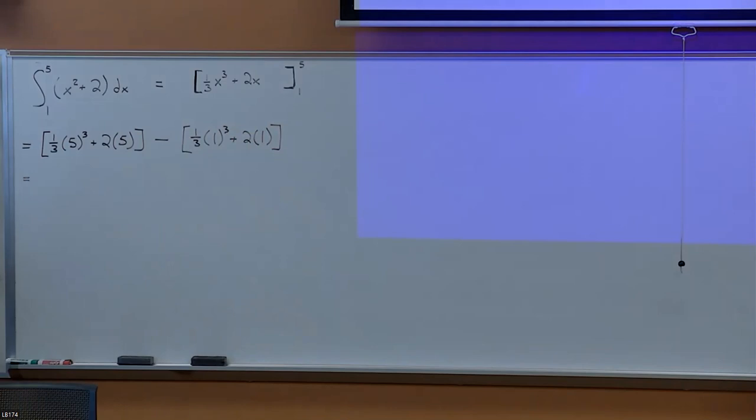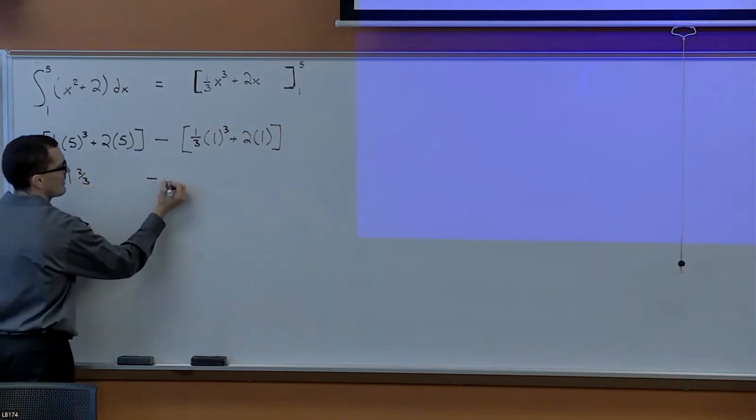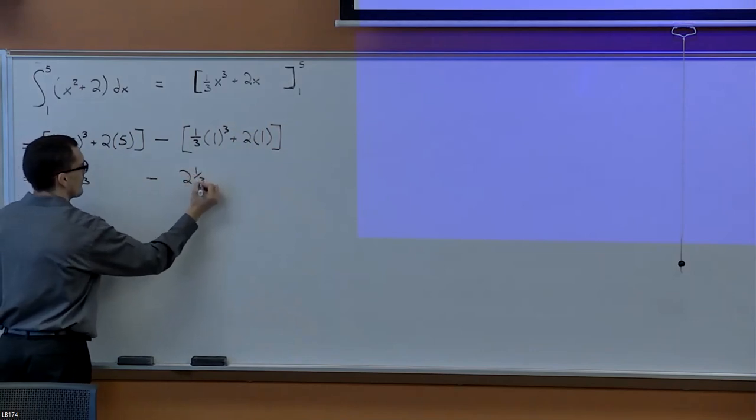Now, at this step, I'll write the answer in fraction form, just so it's easier for me to write. This first piece is 51 2/3. This second piece is 2 1/3.